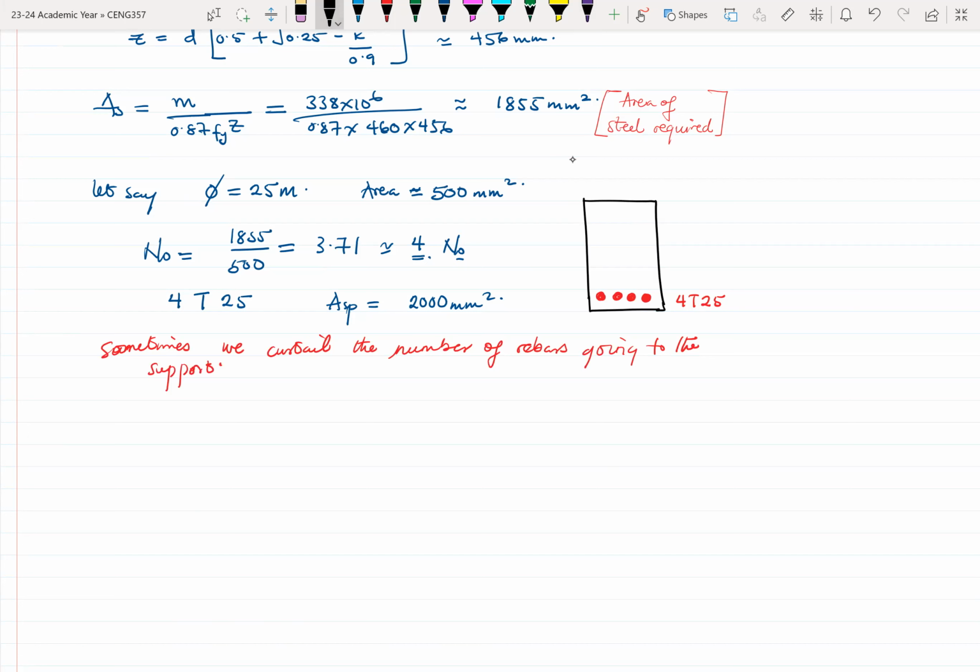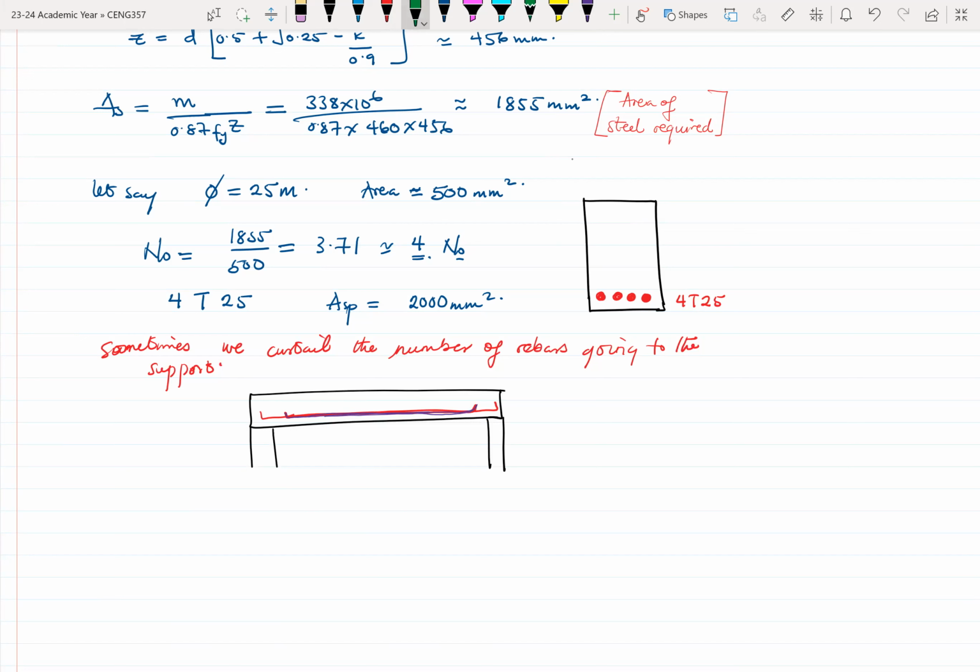So if I'm to draw my beam again, just so that I explain that, on the side, I have my rebar right here, and I still have my columns at the ends this way. So I have my columns right here. This is fine. I'm putting this line over here just to show that, so let me just add a little bit of color. Okay. So not all the four will go to the support.